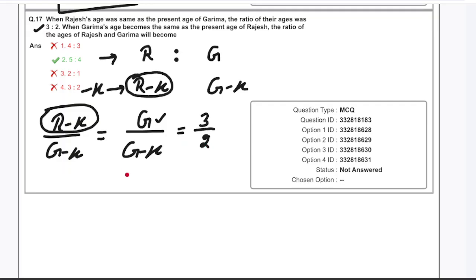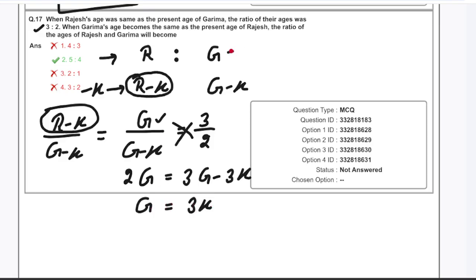If I cross multiply, I get 2G equal to 3G minus 3X. That gives G equal to 3X. That means the present age of Garima is 3X. And as Rajesh's age X years before was 3X, today he is 4X.